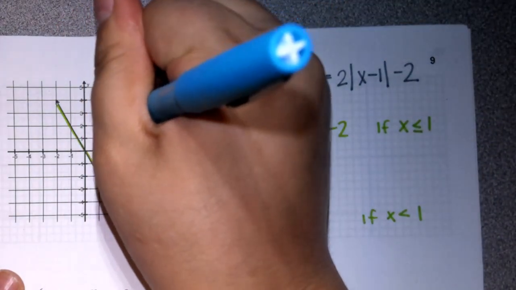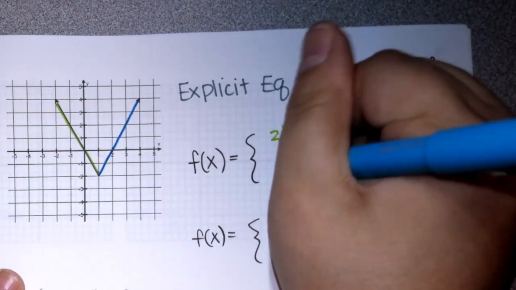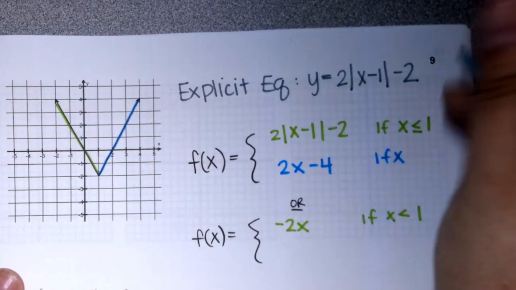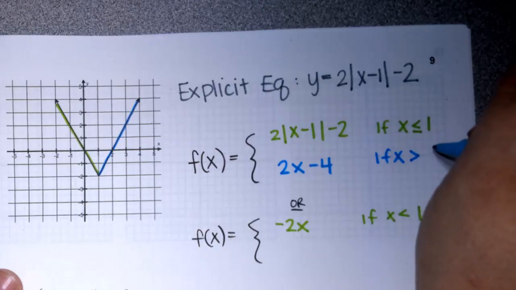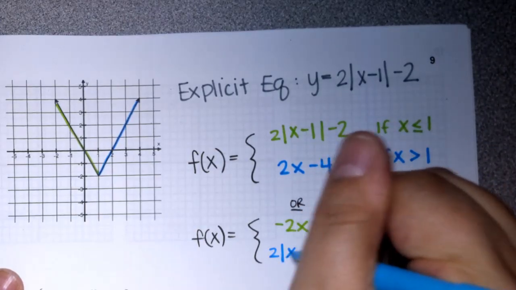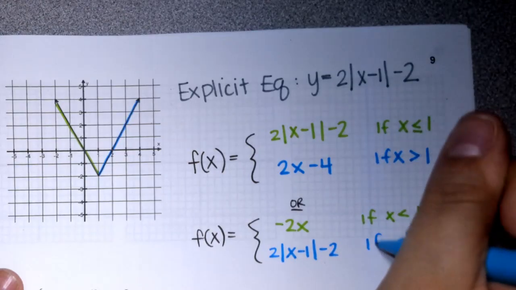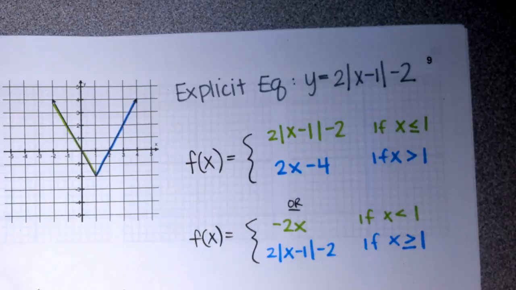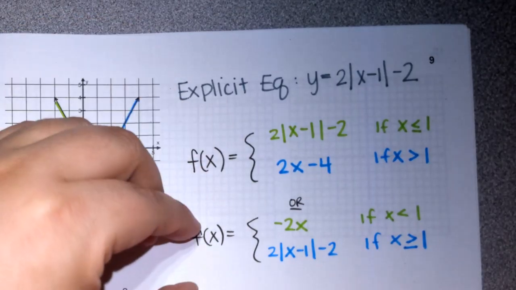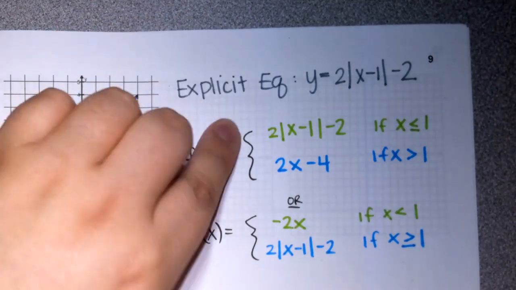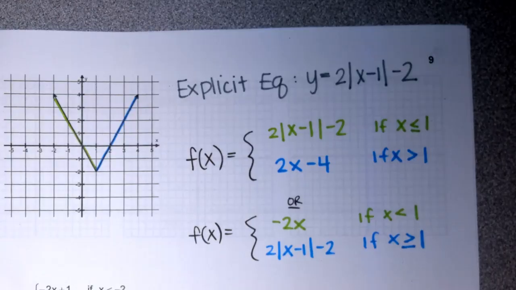The top ones are the bottom. Or you would have gotten this. Did you get this one or this one? So it doesn't matter which one. No, you needed to do this right here or this right here.